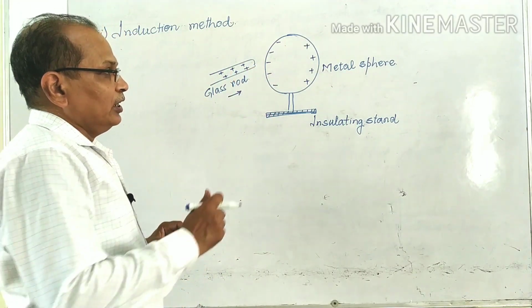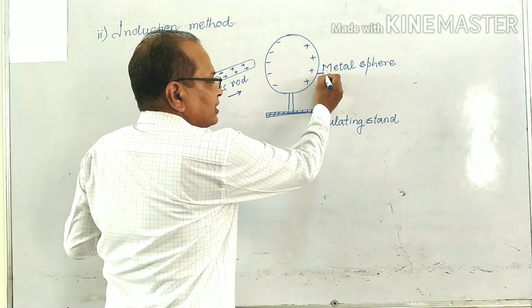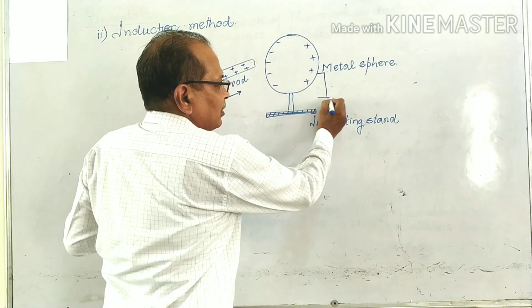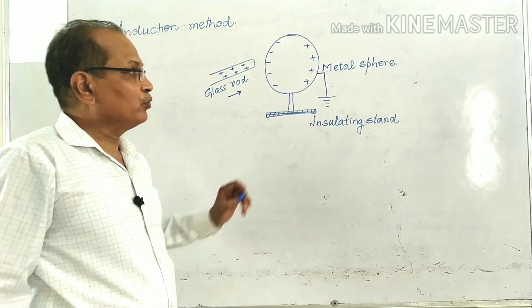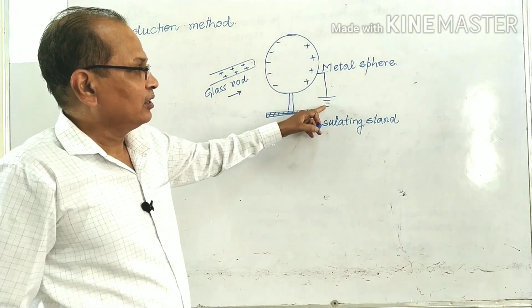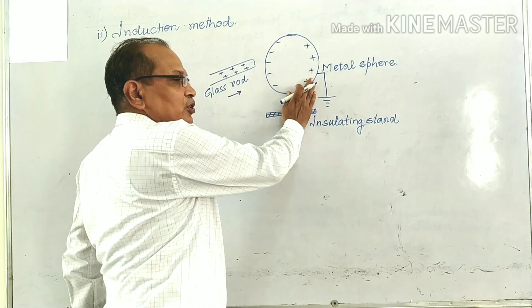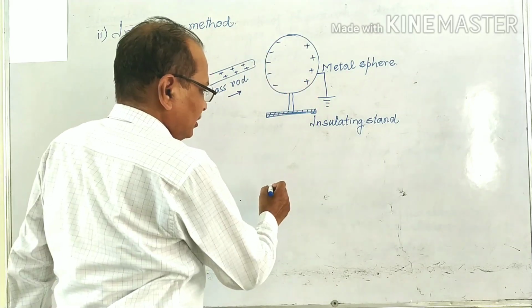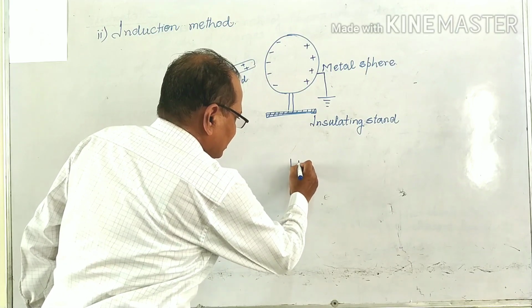Now if we connect this side with the earth, if you ground this side, then what happens? This surface becomes neutral.